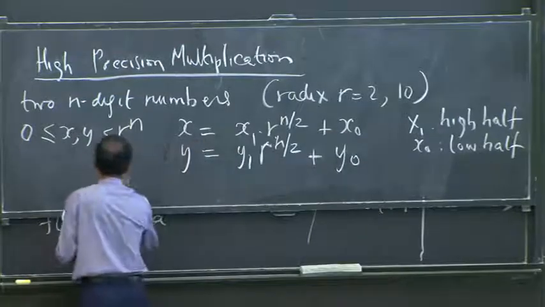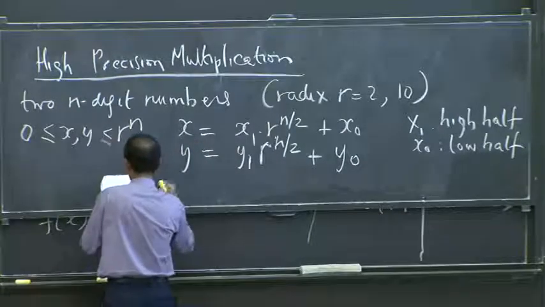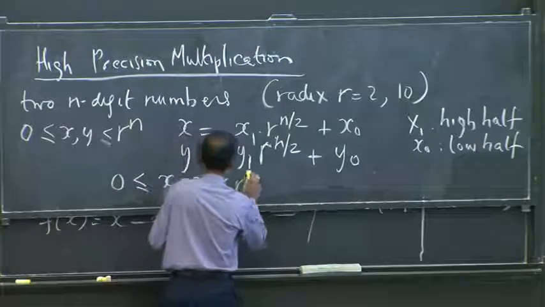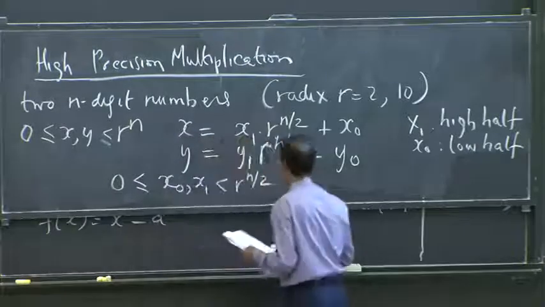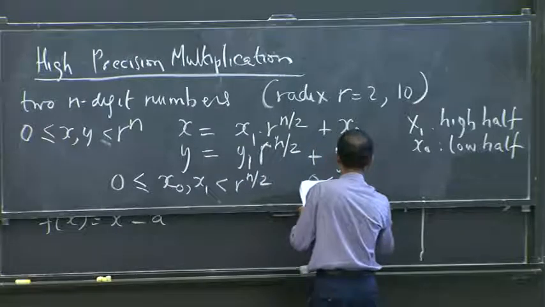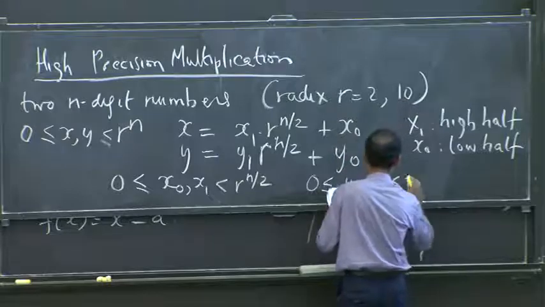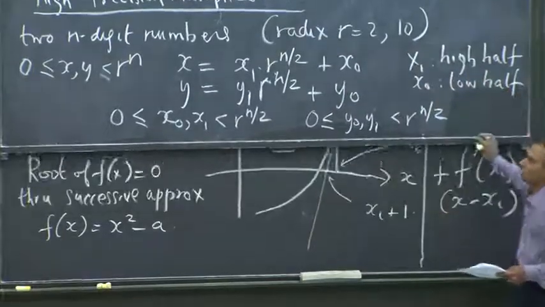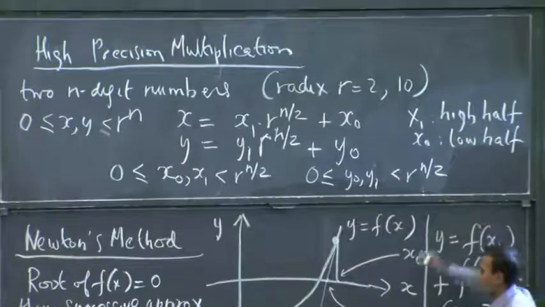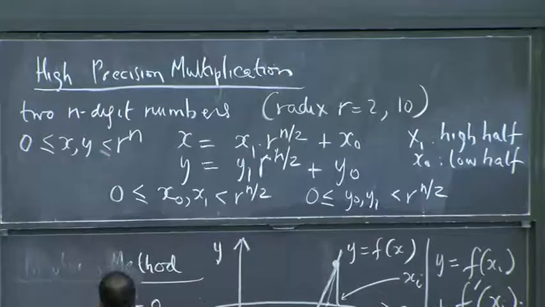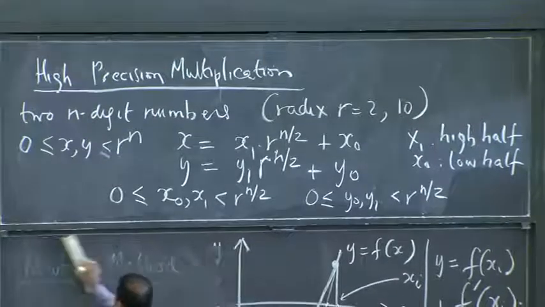Now the ranges change. x0 and x1 are smaller. Same thing for y0 and y1. So that's a fairly straightforward decomposition of this multiplication operation.